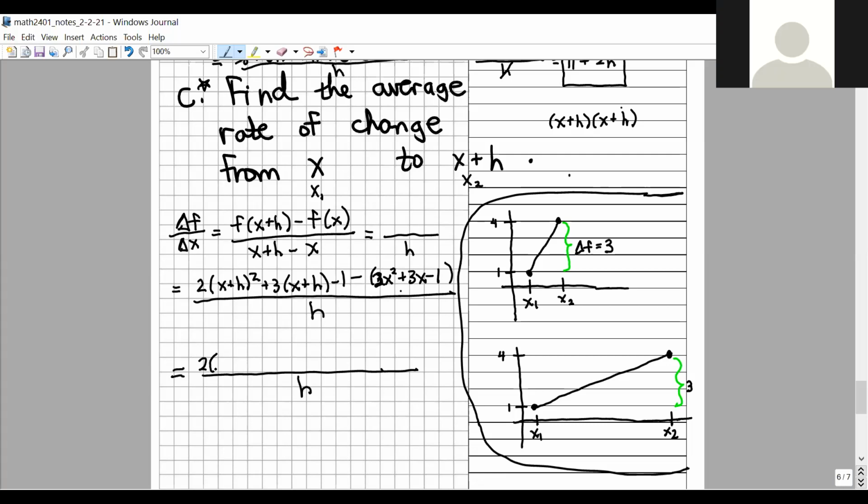Okay. So yeah, x times x. Yeah, which is what? X squared, right? Yeah.